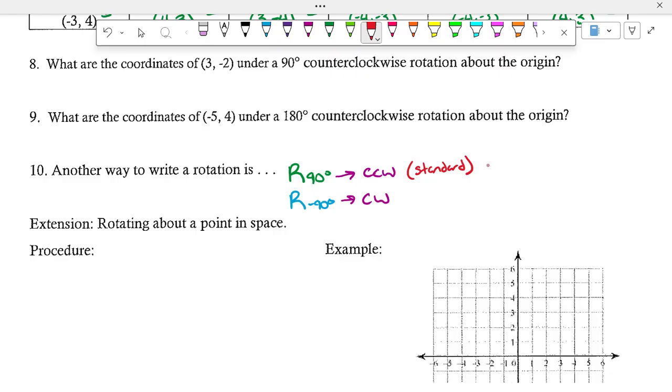So in other words, if we start in quadrant 1, for every 90 degrees, we would go 2, 3, 4. Whereas clockwise, it would be 4, 3, 2, 1. That's the way you can remember it. Counterclockwise is forwards, numerically. Clockwise is backwards, numerically, in terms of the quadrants. Any questions on that?